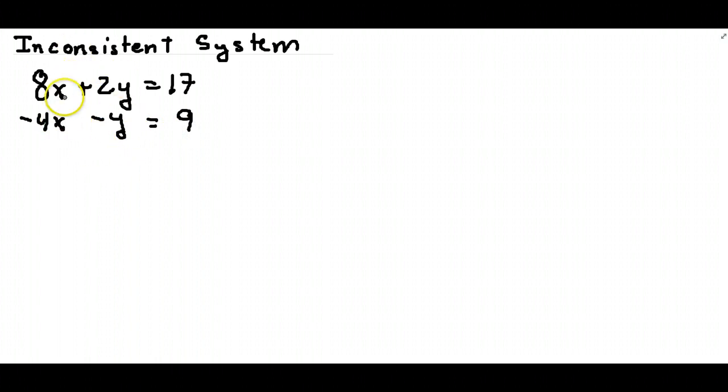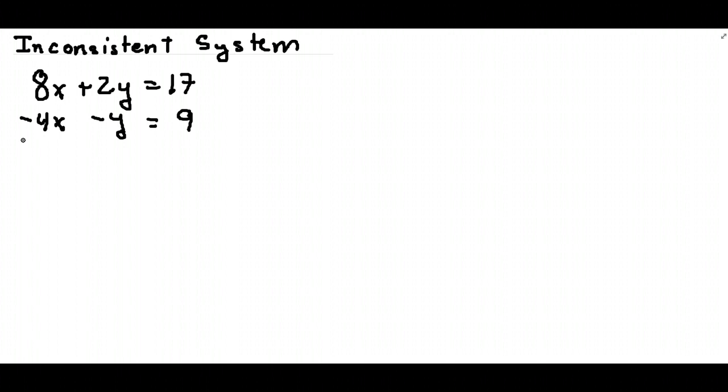So we can eliminate one of the variables. Let's pick one. We're going to look at eliminating the x. We have an 8x in our first equation, and we have a negative 4x in the second one. So what would we need to multiply an equation by so that it drops out?